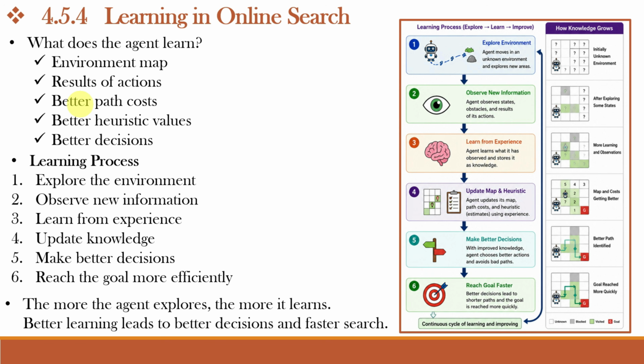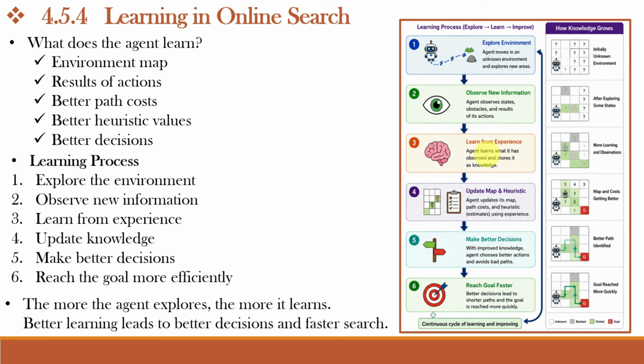Third, the agent learns better path costs. It discovers which paths are short and which are long. Fourth, it updates its heuristic values, and these updated values help the agent make better decisions in the future. Now let us understand the learning process. The agent first explores the unknown environment. During exploration, it observes new information.